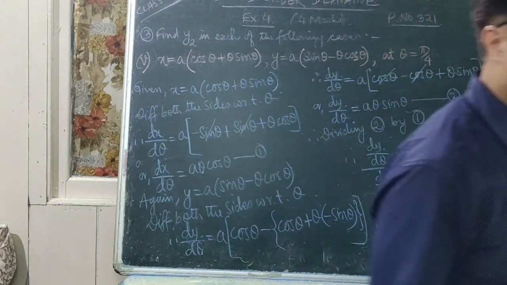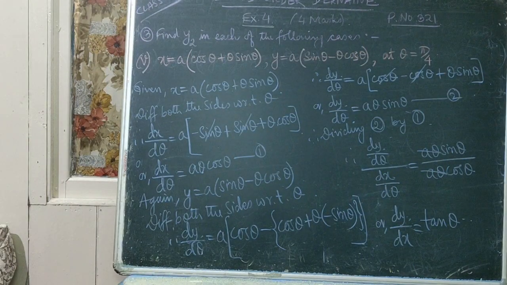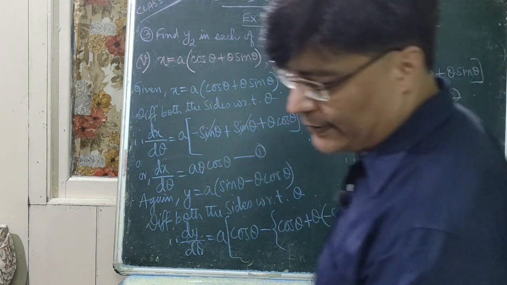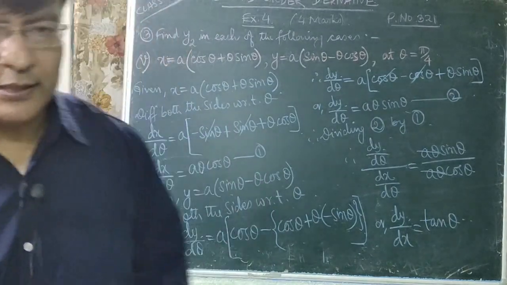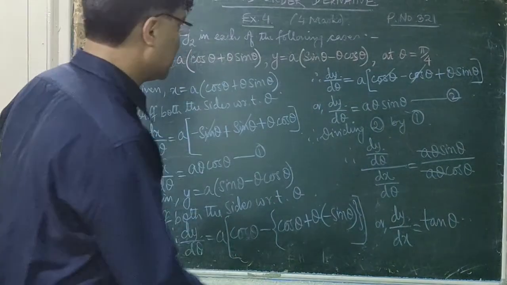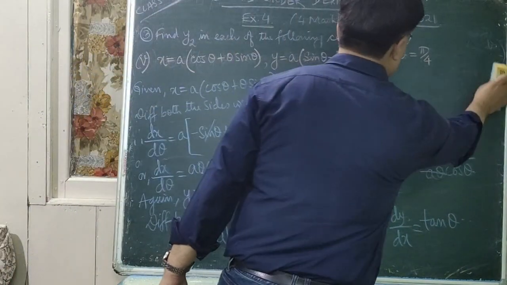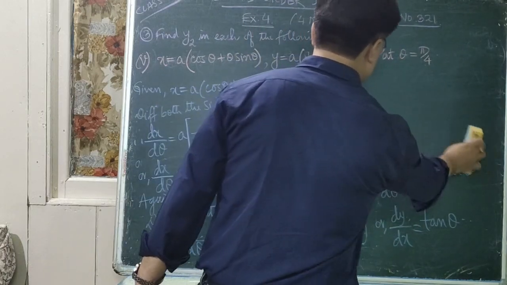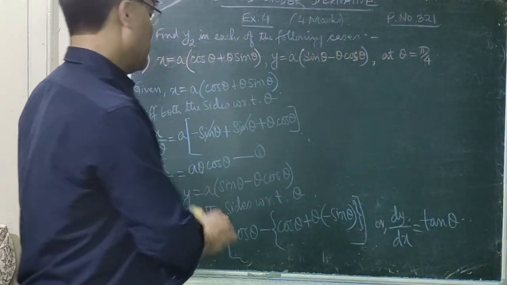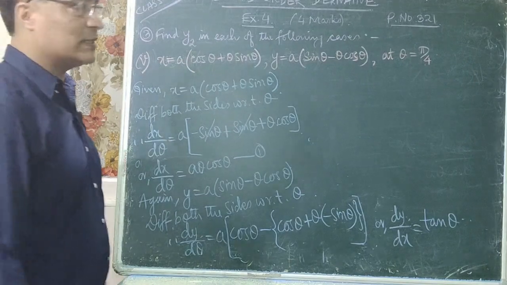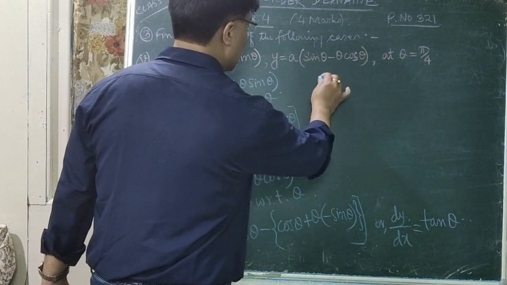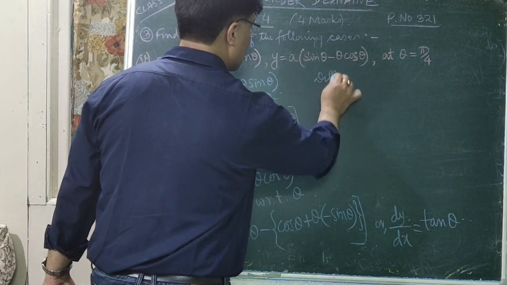Now you have to get the value for d2y by dx square. Okay, so you can copy it. So here we have got the value for dy by dx. What is the value for dy by dx in this case? This is your tan theta, right? So now again you have to differentiate it, isn't it? So write down differentiating again with respect to x.